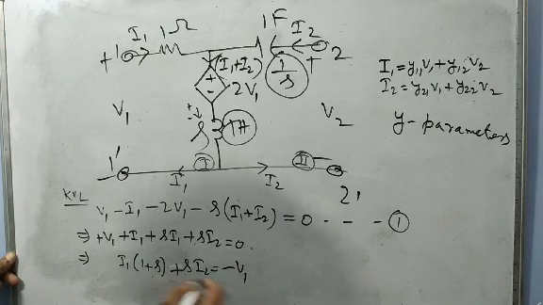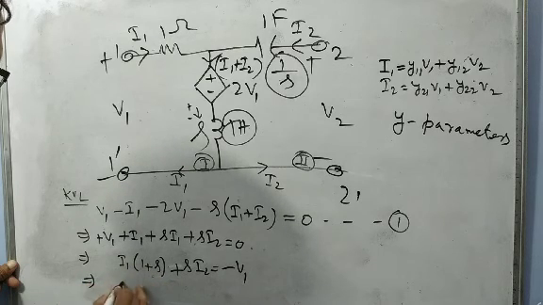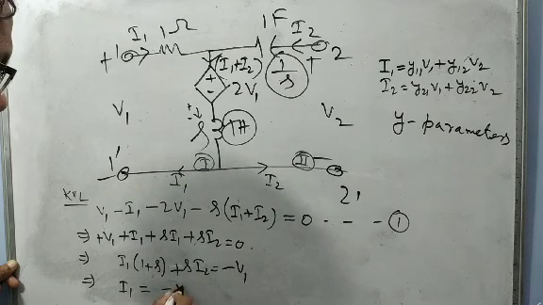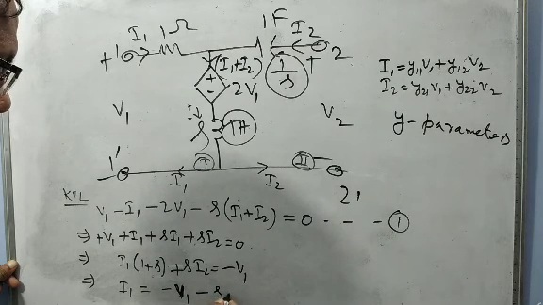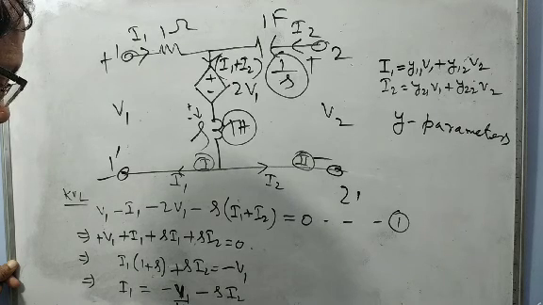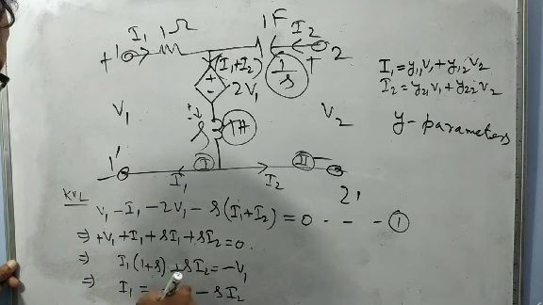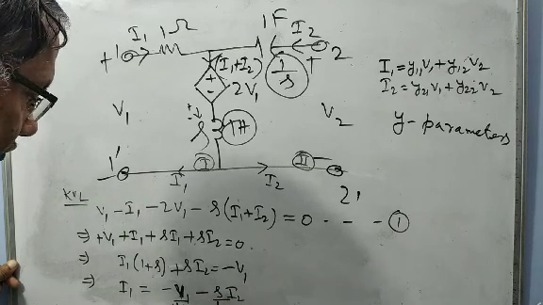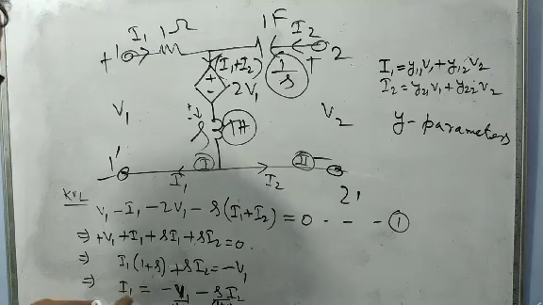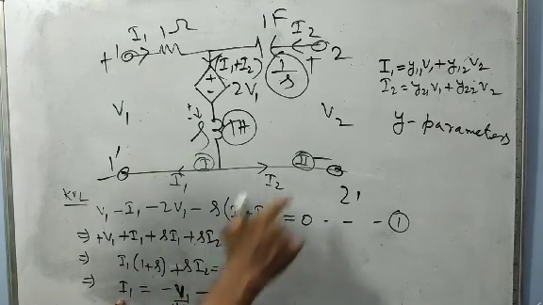So in terms of I1, what you can write is I1 equals minus V1 by 1 plus S, minus S I2 by 1 plus S. So still we have not got it, because I1 equals Y11 V1 plus Y12 V2.